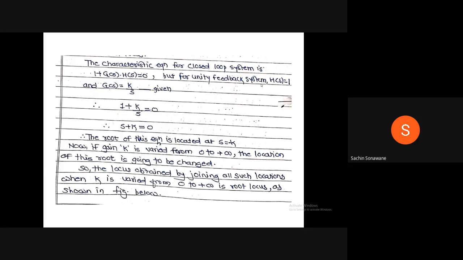Therefore, S plus K is equal to 0. Therefore, the root of this equation is located at S equal to minus K. Now, if gain K is varied from 0 to plus infinity, the location of this root is going to change. So the locus obtained by joining all such locations when K is varied from 0 to plus infinity is the root locus, as shown in the figure below.